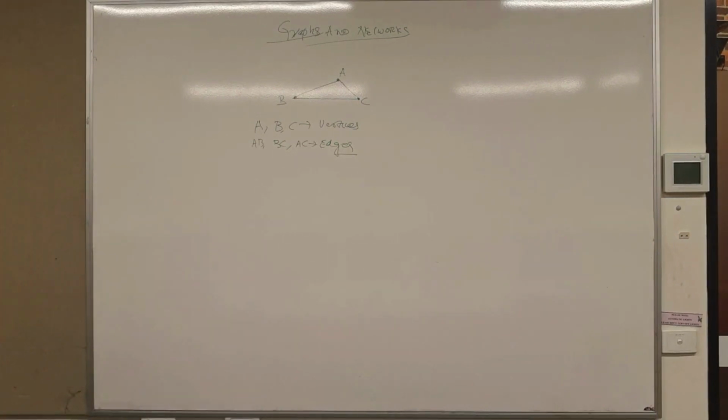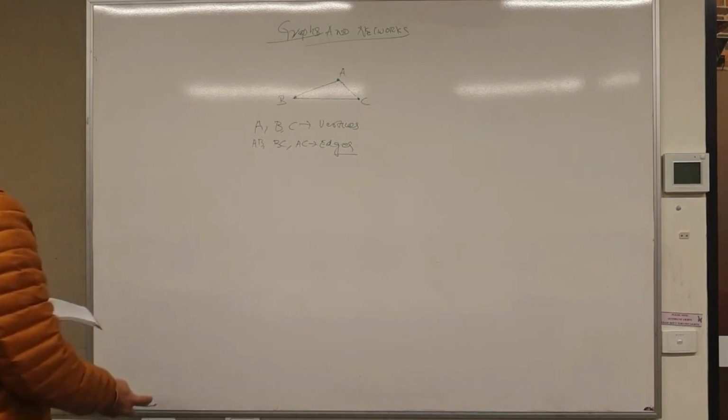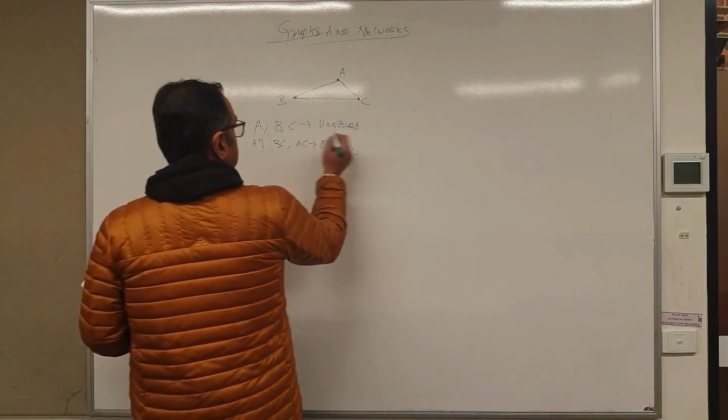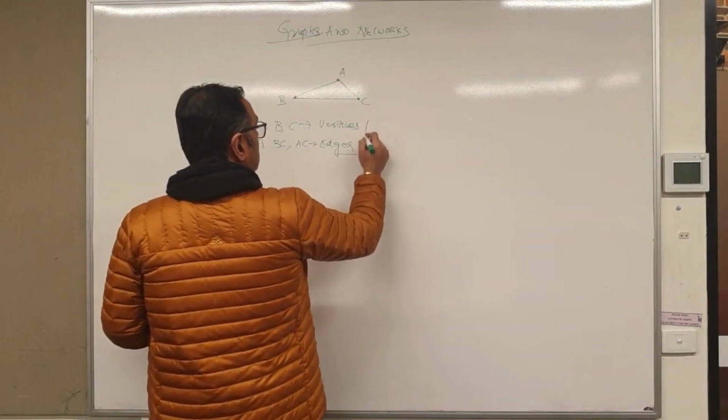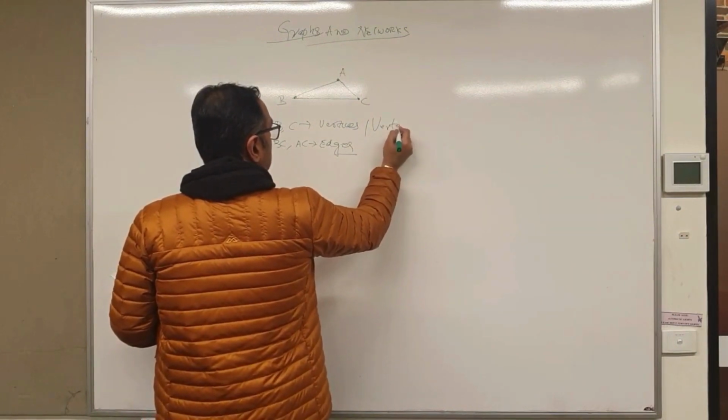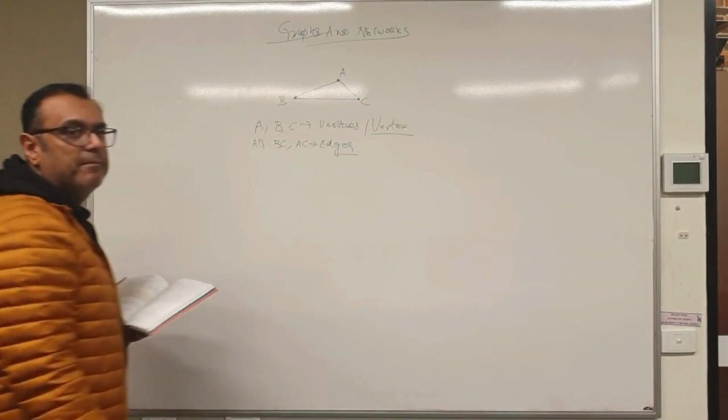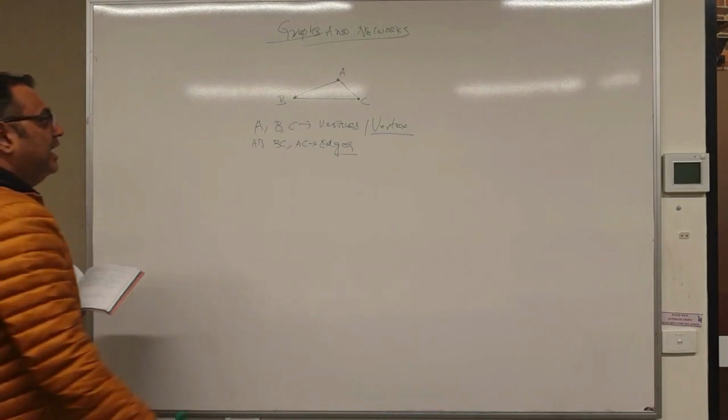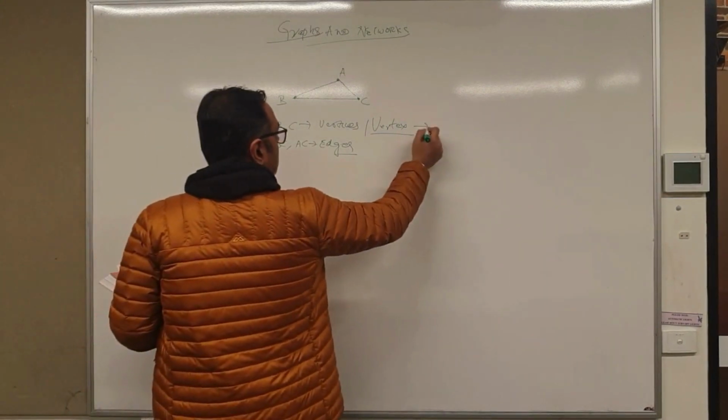There are different types of graphs here that I will quickly explain to you. But before that, every vertex (vertices is the plural, vertex is the singular) has something called a degree.